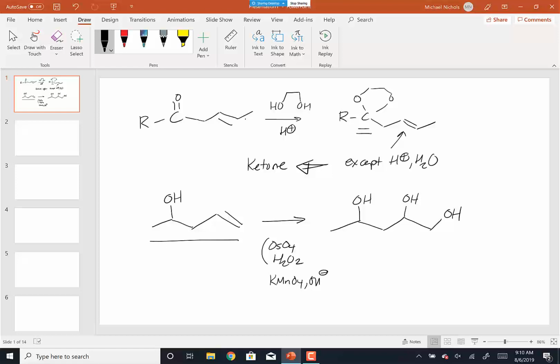What's my issue here? If I wanted to use potassium permanganate, is that going to react with that OH? And what's it going to do to it?